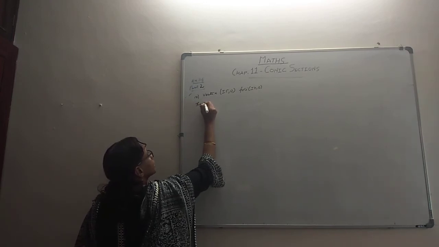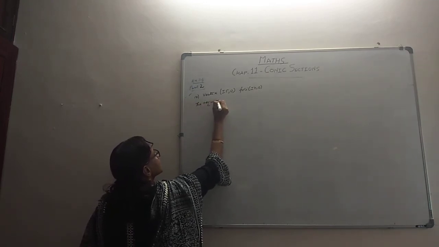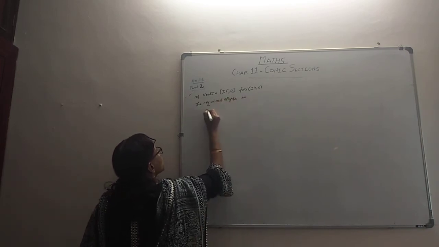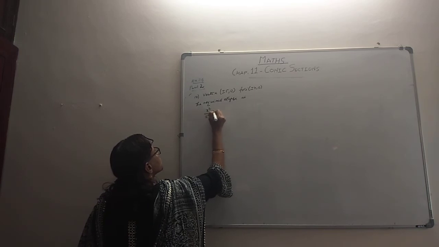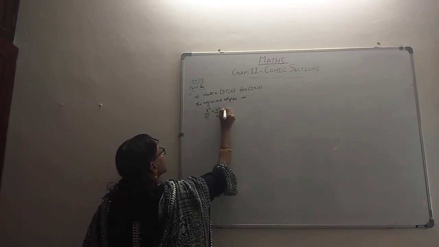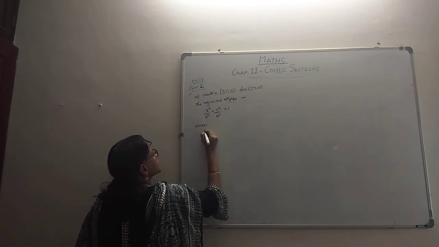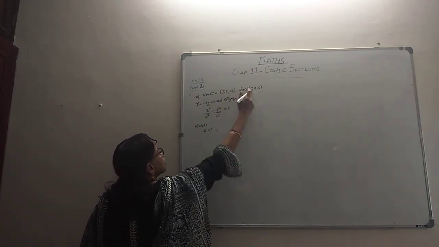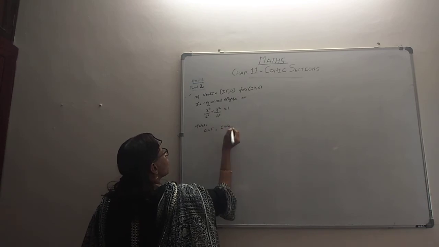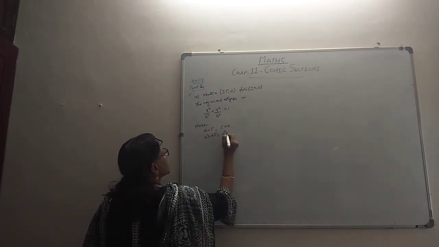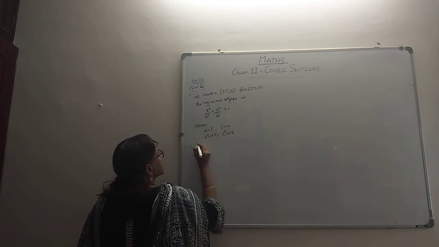The required ellipse is x squared by a squared plus y squared by b squared equal to 1. Here, because vertex is this, a is 5, and because foci is this, c is 4. So a squared becomes 25 and c squared becomes 16.